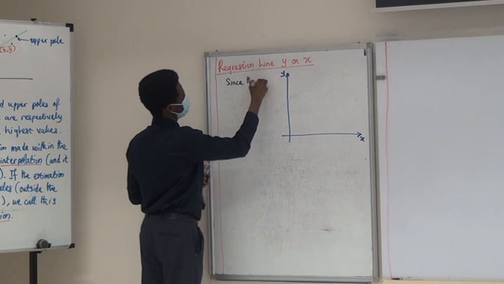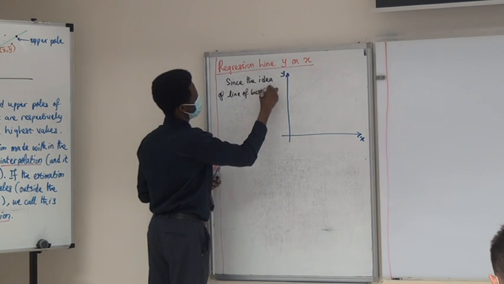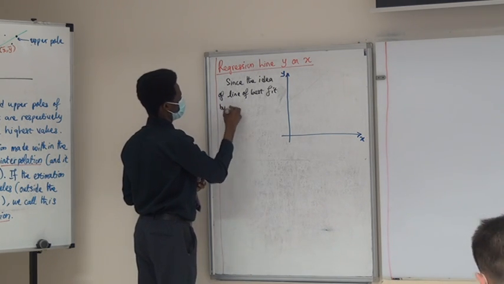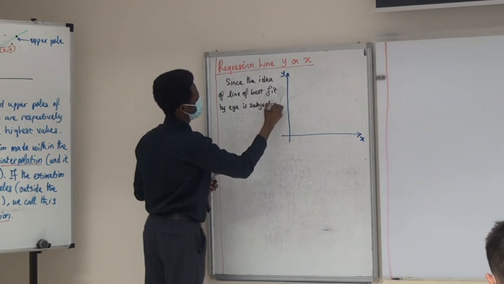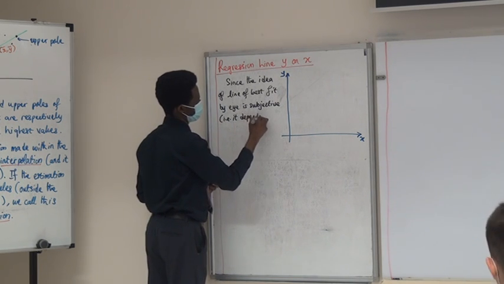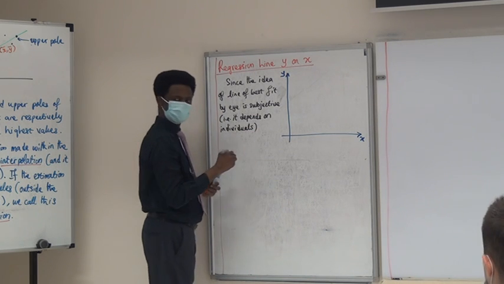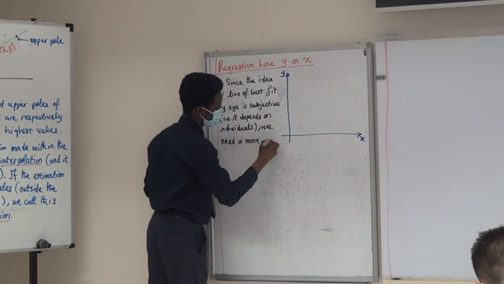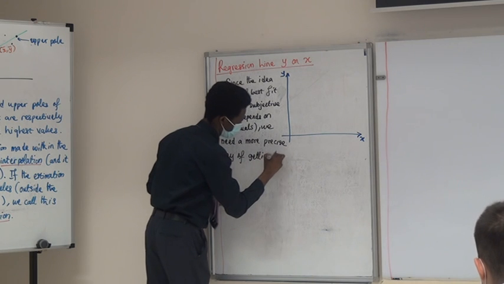Since the idea of the line of best fit is subjective, that is, it depends on individuals, we need a more precise way of getting the line.